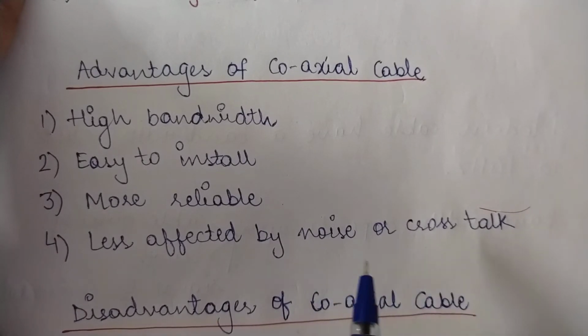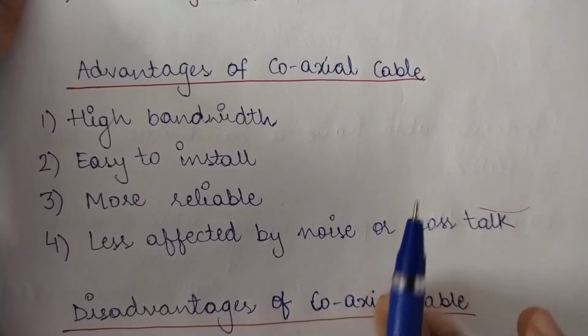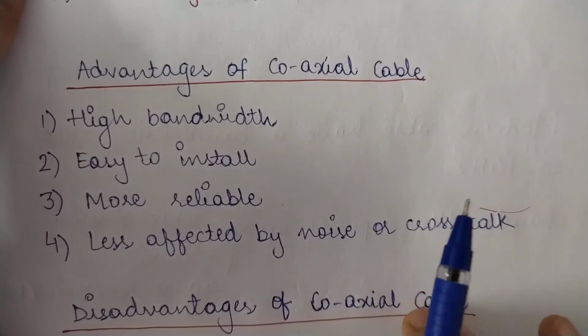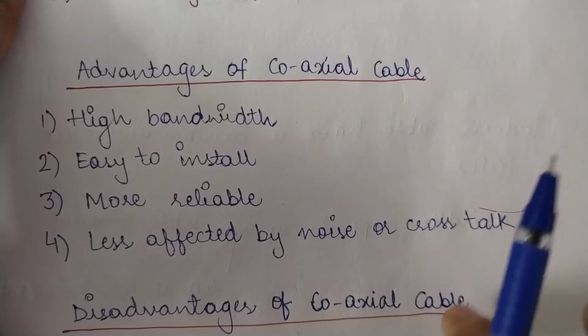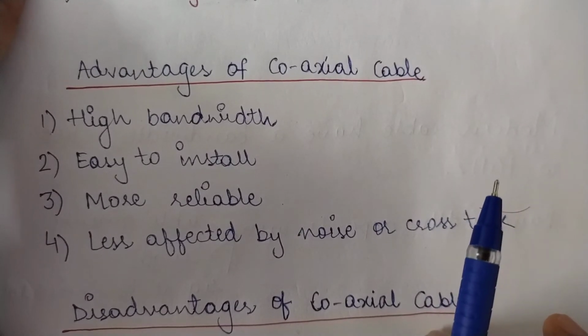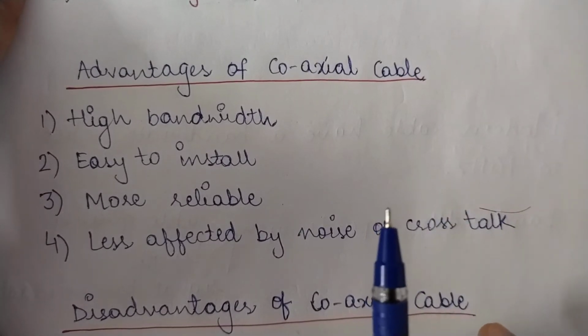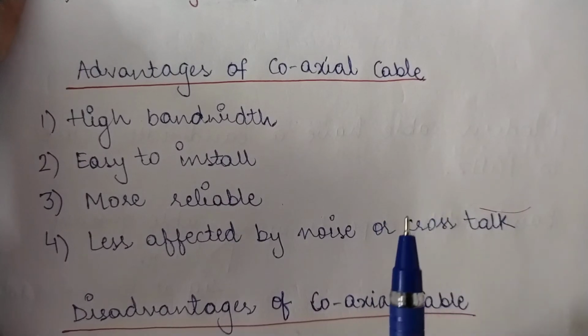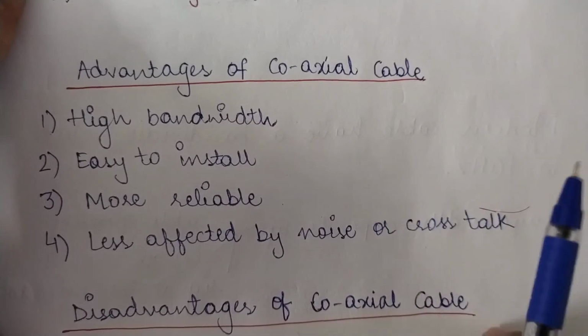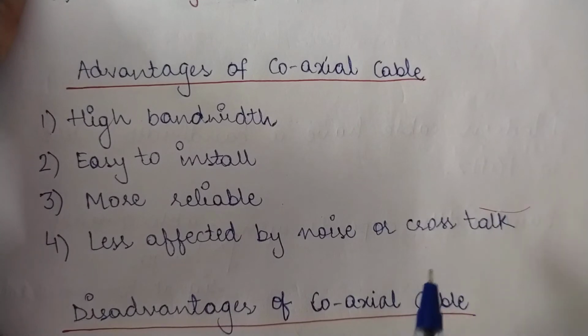Crosstalk is what you hear but don't want to hear. Crosstalk is like data from someone else's side. Like in earlier times when you had landline phones, you were having a conversation with someone, and at the same time you could hear some other people also communicating. So that was crosstalk. So it prevents any crosstalk.